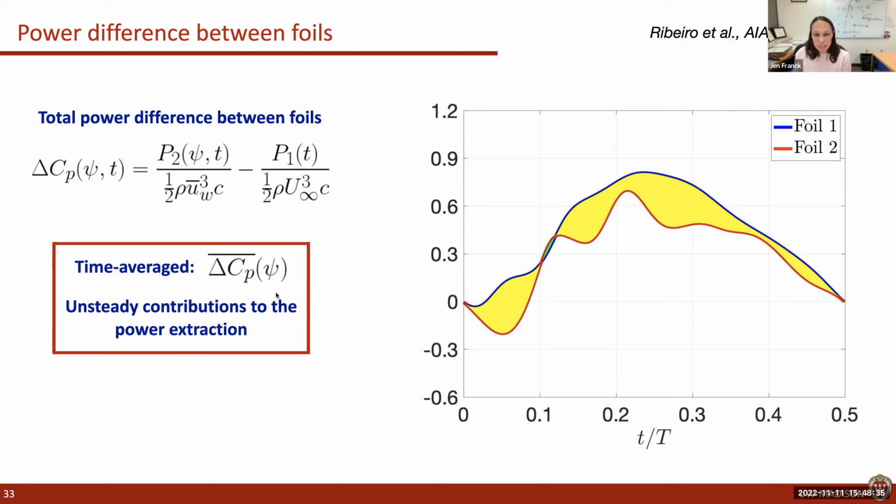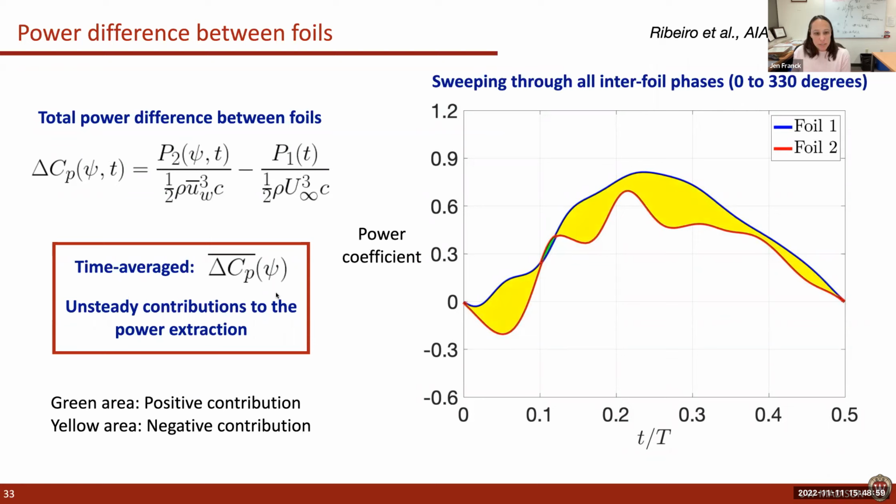And we hope that, by continuing to explore this, we could characterize these interactions and then apply it to other configurations where it might be inverse, right? Where the second foil is getting more power than the first foil. But this is based on the data set we have. These are our conclusions thus far. This is the same video.